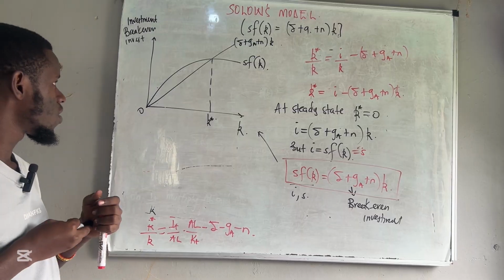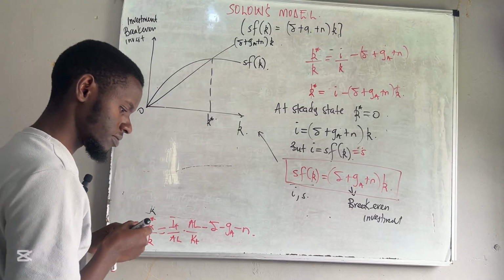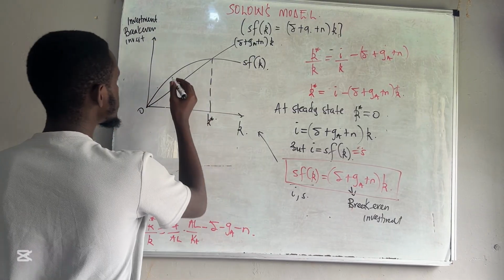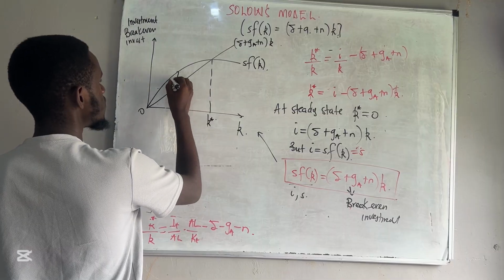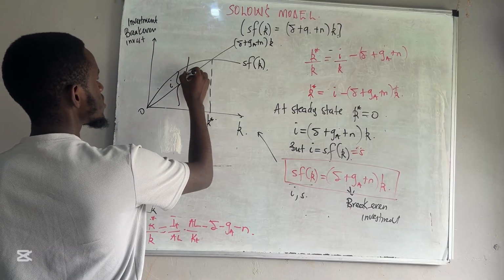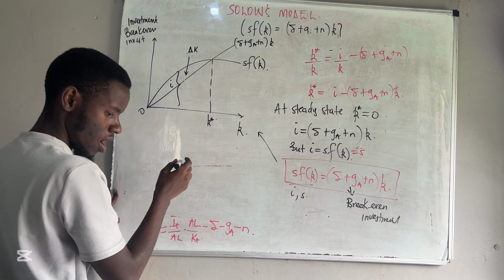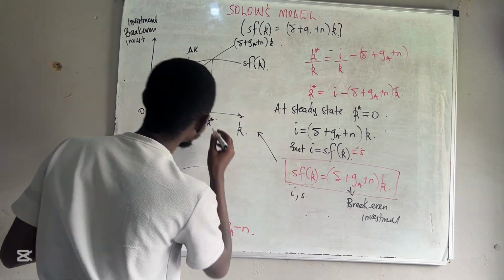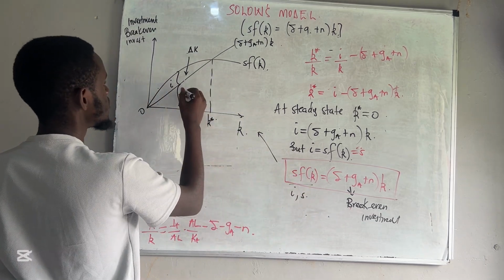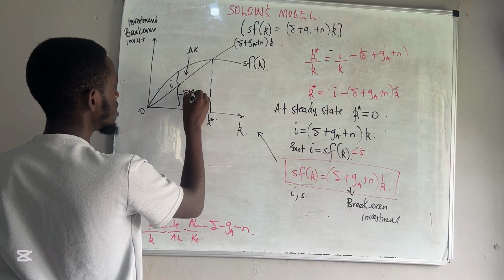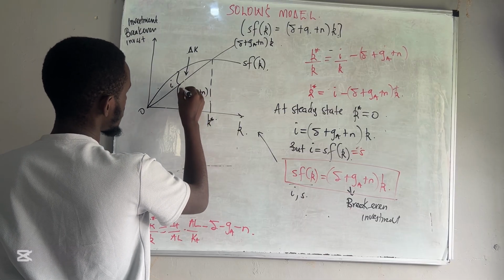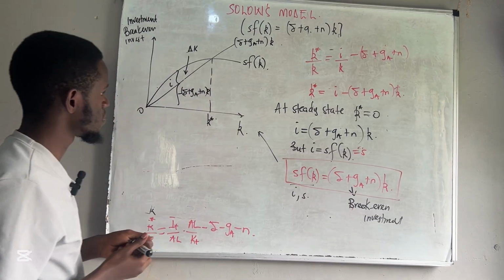Now from here, we are going to say that the whole of this is the investment. Now this here is the change in capital stock. We are talking about change in capital stock, and then this one is going to be our break-even investment, the delta plus g plus n, a function of k. That is going to be our thing.